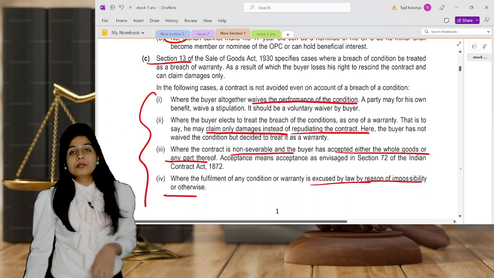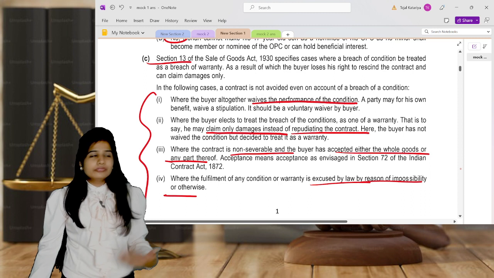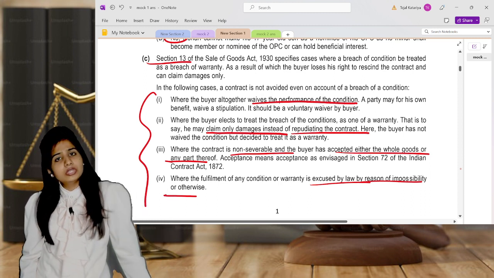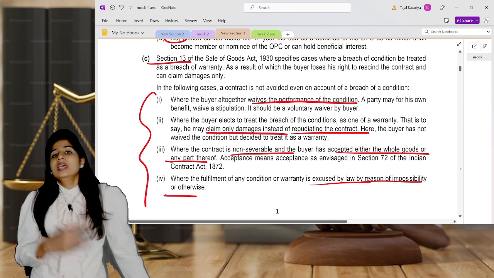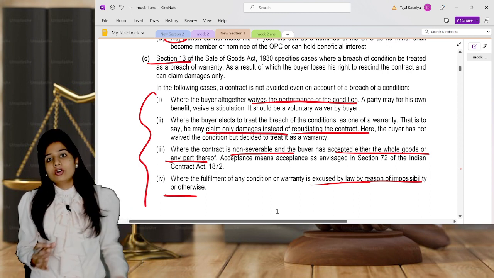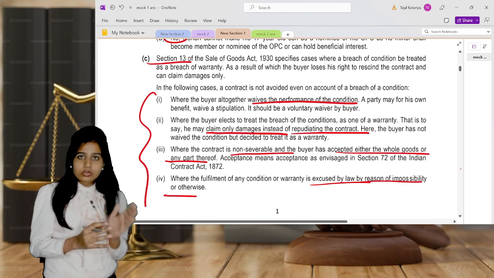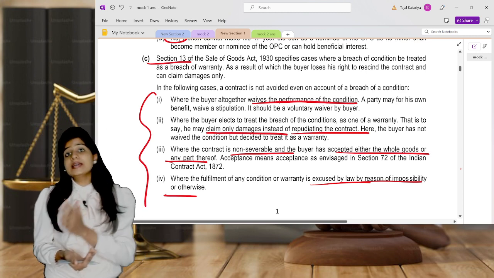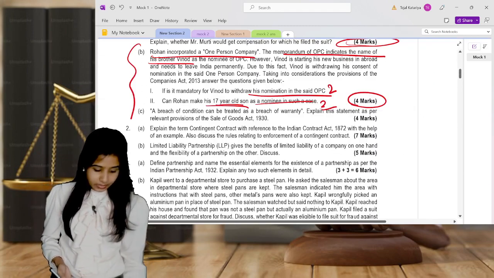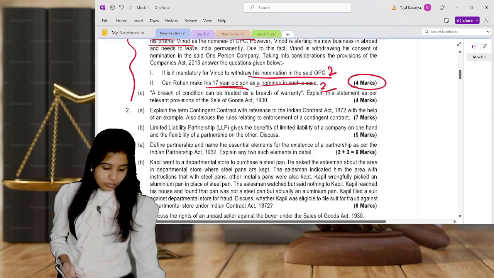By the reason of impossibility or otherwise, the seller is not able to fulfill the conditions, then the buyer may choose or elect to treat the breach of condition as a breach of warranty. So this is all about question number 1. I hope you understand question number 1.